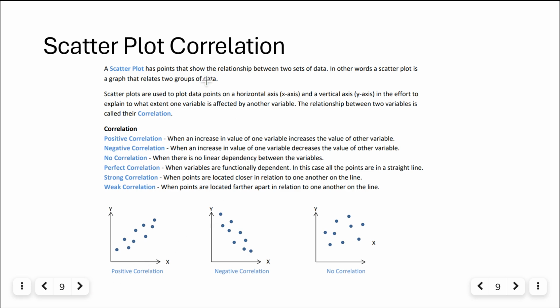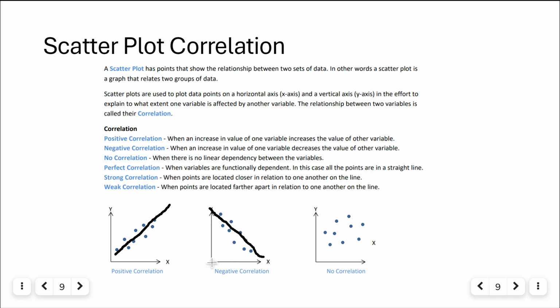All right, scatter plot correlations. We've worked with scatter plots many times. A positive correlation, okay, is if it looks like the data, when X increases, Y increases. So it looks like a line that has positive slope. Negative correlation looks like a line that has negative slope.